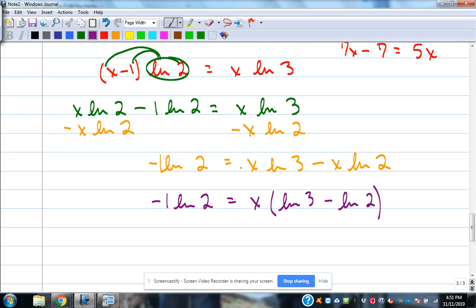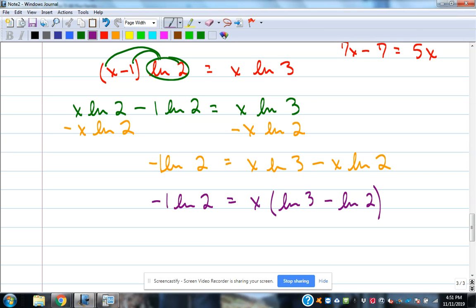Now, big picture, what's this stuff in parentheses? It's natural log of 3 minus natural log of 2. But what is that? It's just a weird decimal number is what that represents, right? So we have x times a number. How do we get rid of that number?